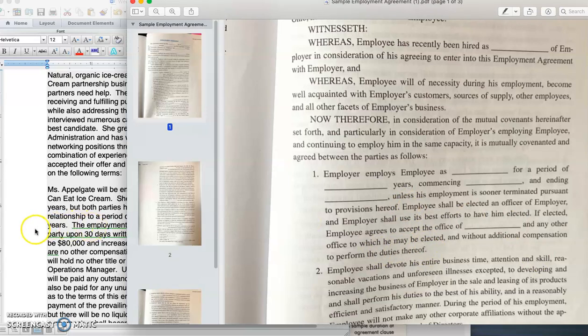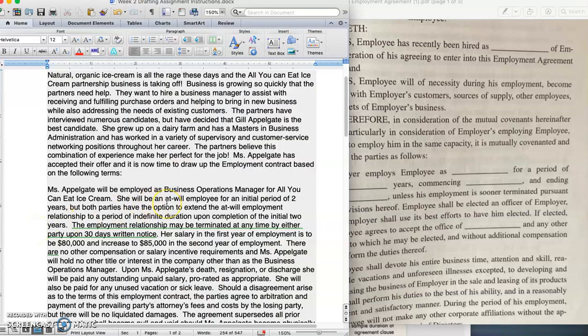However, I gave you some additional information in the fact pattern that said that the parties have the option to extend the at-will employment relationship to a period of indefinite duration upon the completion of the 2 years. So those are additional facts that are different than this sample, but what I told you the parties want in their contract.